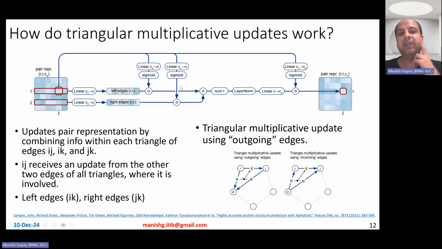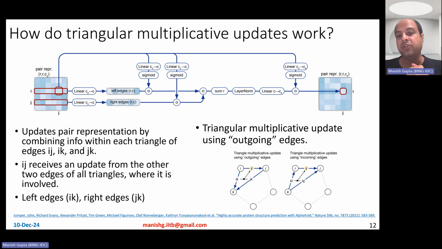Now what is being done here? There are more details in the architecture, but the broad idea is that you're going to update the features for this particular edge ij depending on the features of ik and jk for every k.